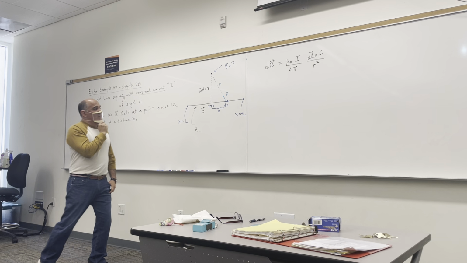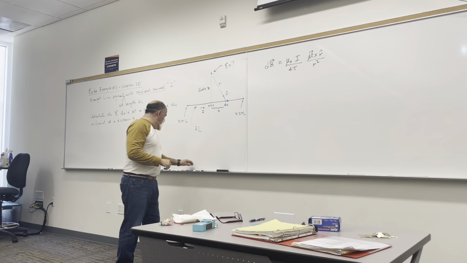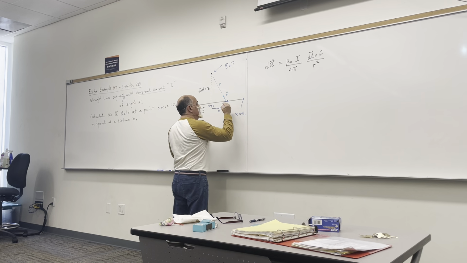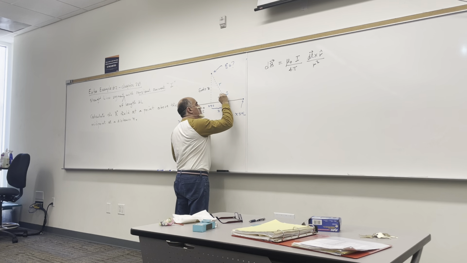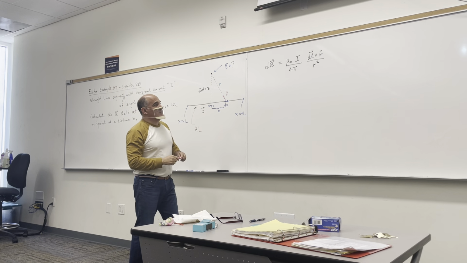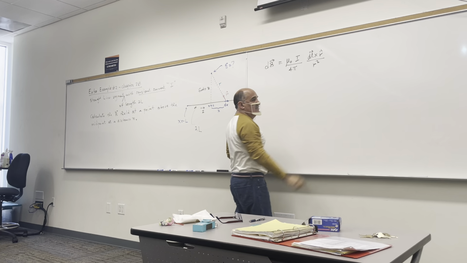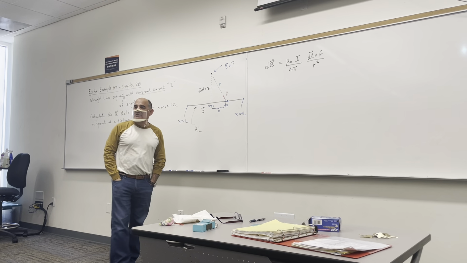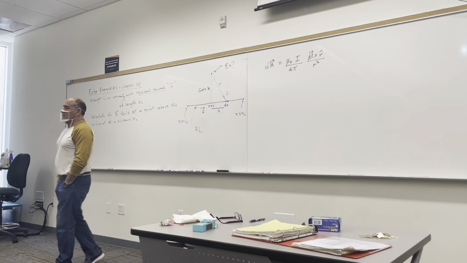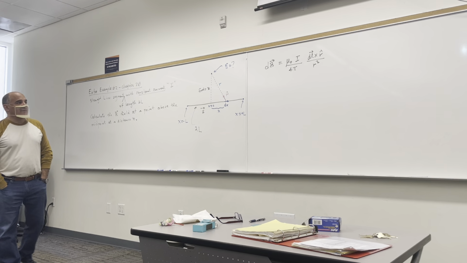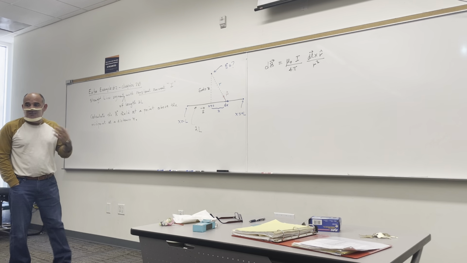Now, what is the direction of this cross product, the dl cross r hat? Which way does that point? In which direction does that vector point? The dl cross r hat is a vector.